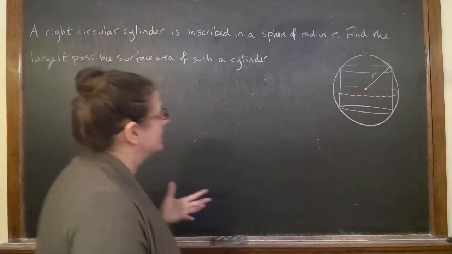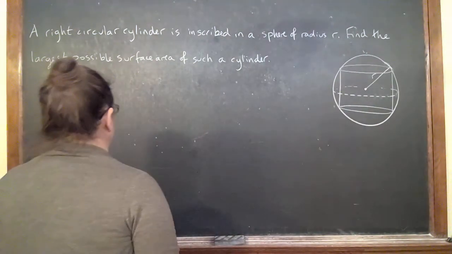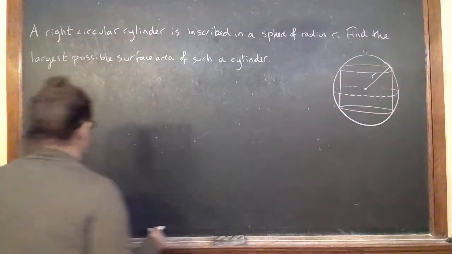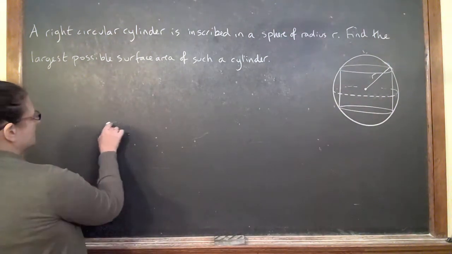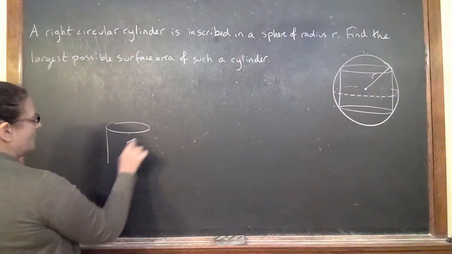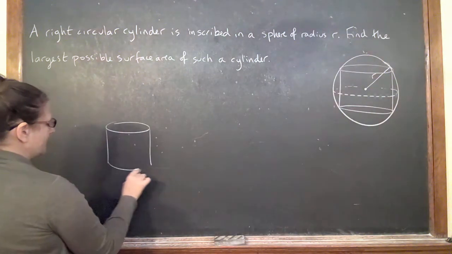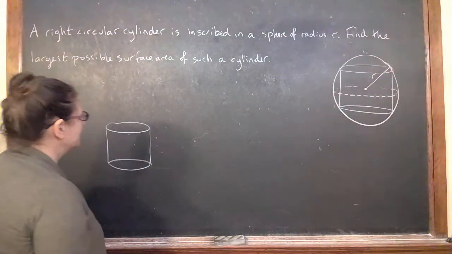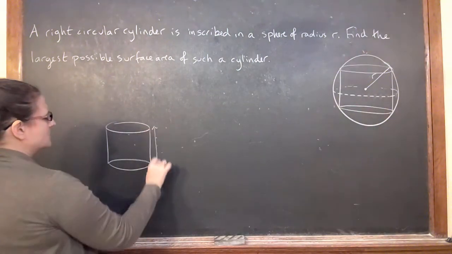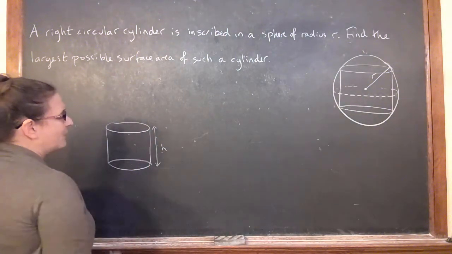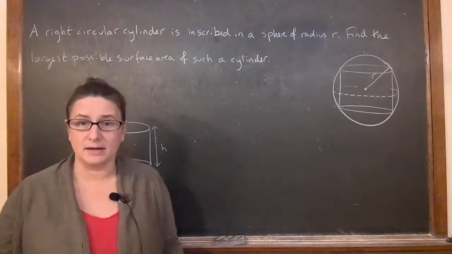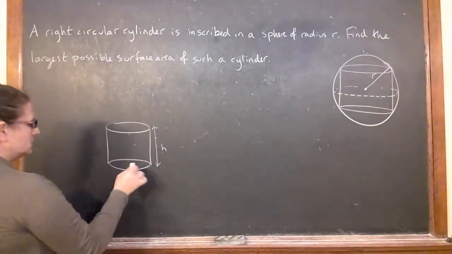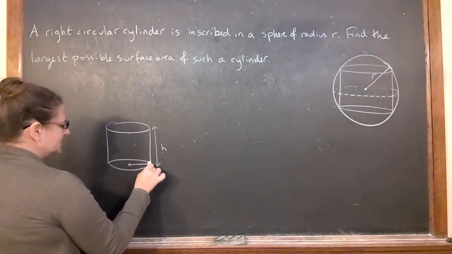So the first thing is the surface area of a cylinder. If you don't remember it, I'm just going to draw the cylinder over here, and then we'll figure out what the surface area is. Usually with a cylinder, we think about the height and the radius of the cylinder. So here's the height, and this is the radius of the cylinder.